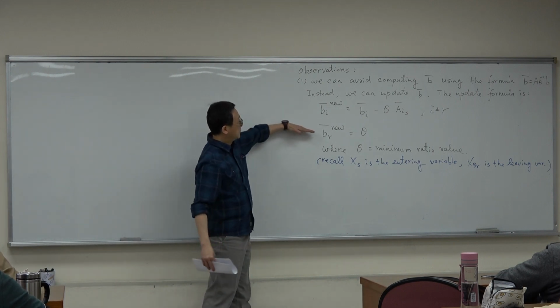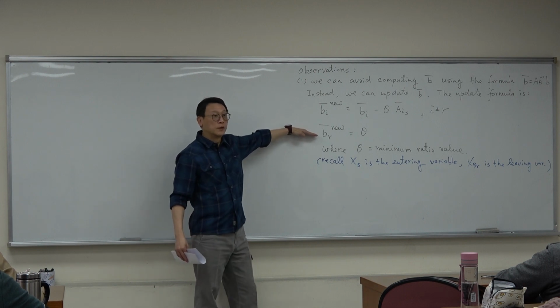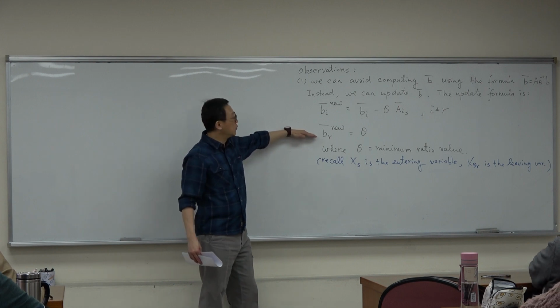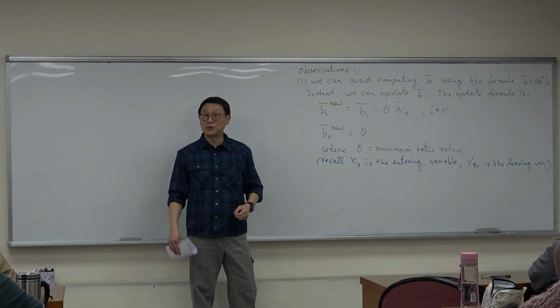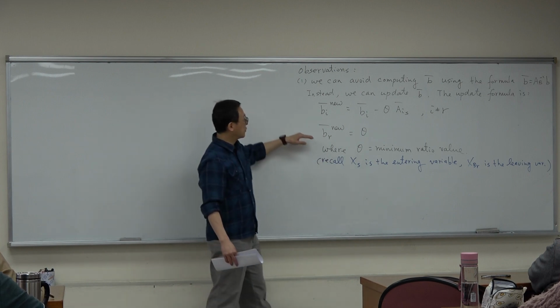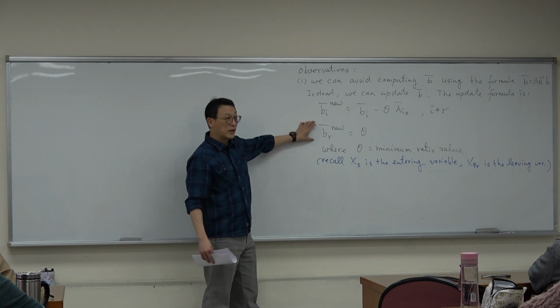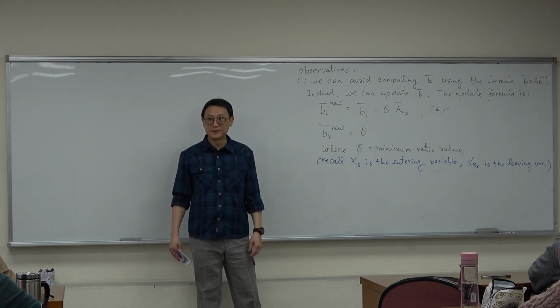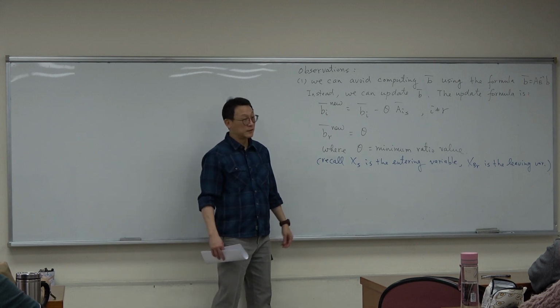So it means that it goes to the R's row. The R's row actually chooses the minimum ratio, and it is replaced by XS. And the right-hand side value we calculate is actually the minimum ratio. We'll check that later.